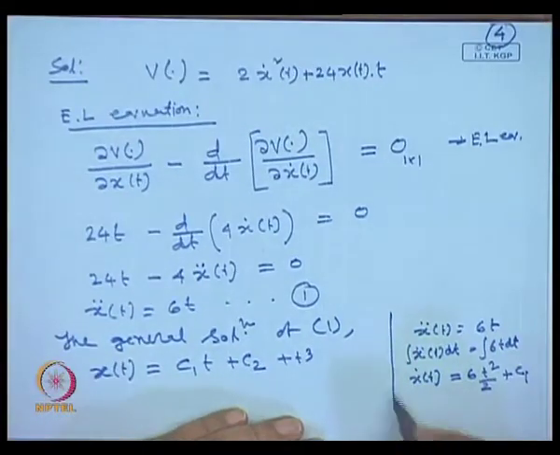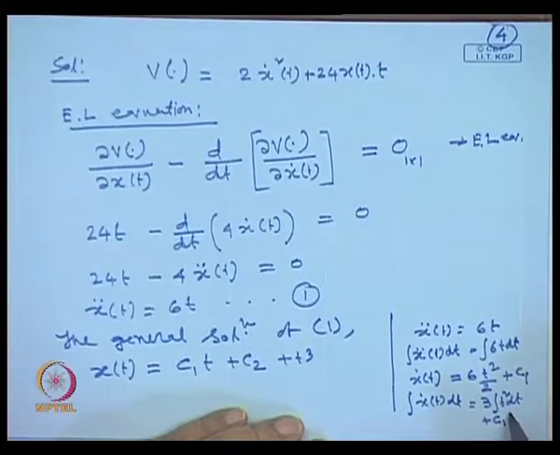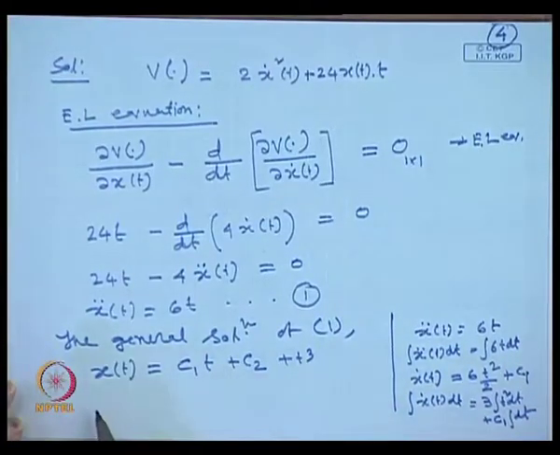Then integrate once again with respect to time t: 3 times the integration of t square dt plus C 1 times the integration of dt. The solution is x of t is equal to t cube, since the 3 cancels, plus C 1 into t, and another integration constant C 2.